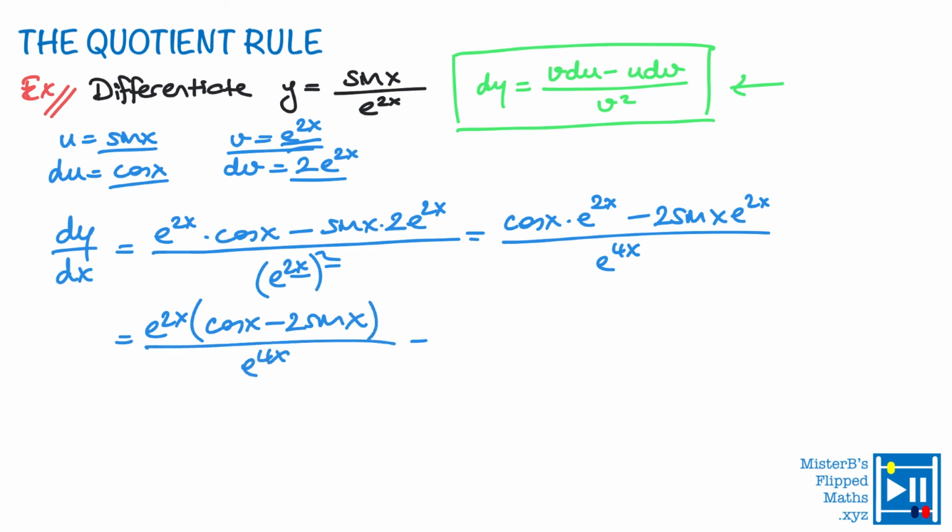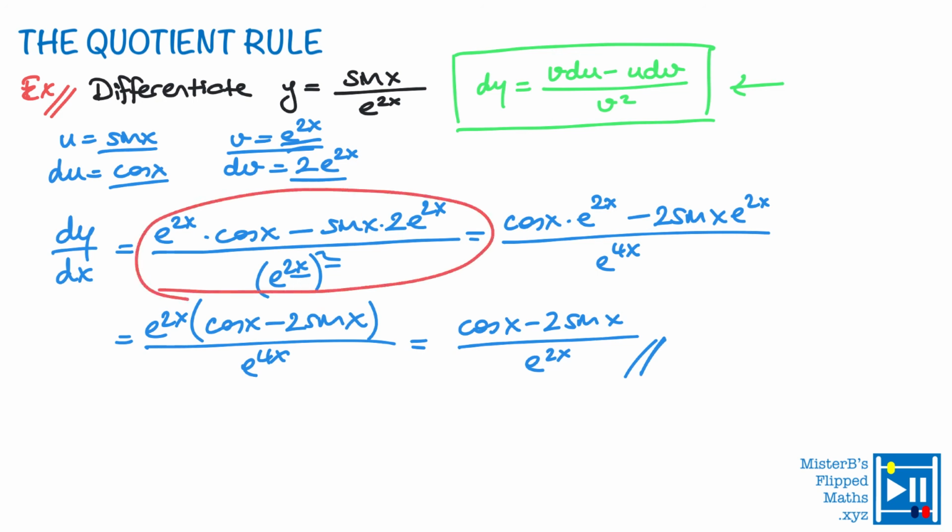Now you can simplify here and say this is cosine x minus 2 sine x over e to the 2x. So that's our derivative. So again, finding the derivative with the quotient rule is no big deal. You have the derivative here, and the next steps are about manipulation. And that's pretty much it. That's how we apply the quotient rule, and it's now time for you to practice. Thanks for watching.